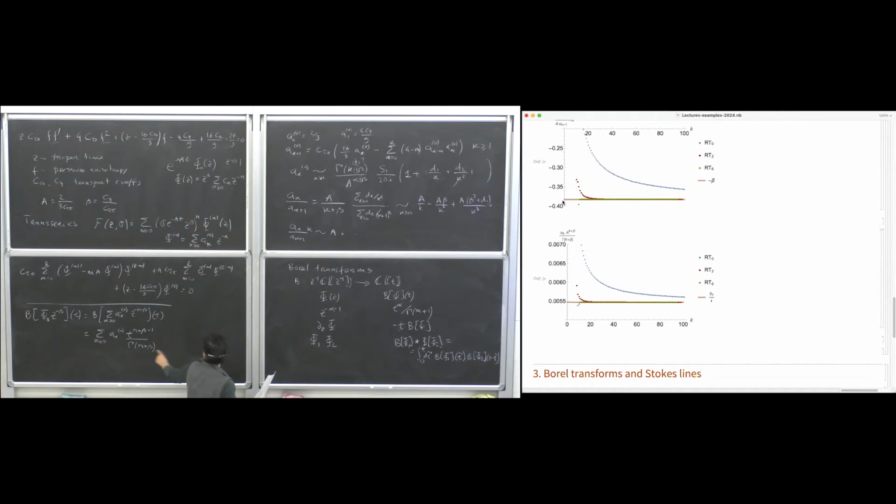And as we saw, multiplying by z, phi goes to the derivative of the Borel transform. There are a couple more, but the main things we're going to use are these.